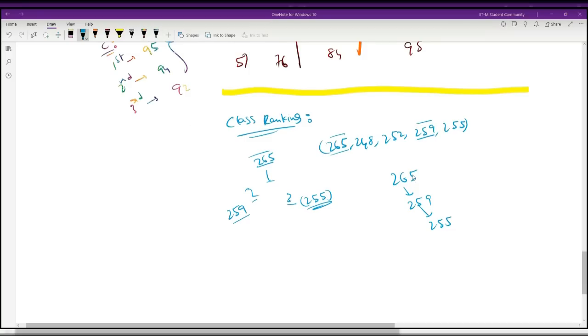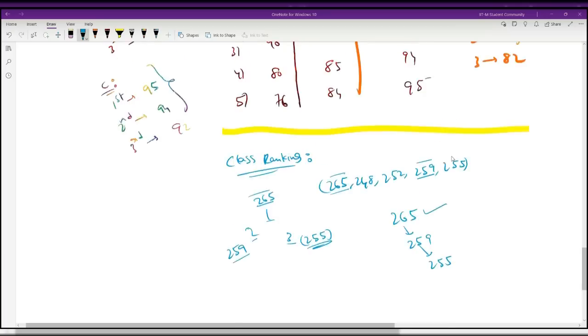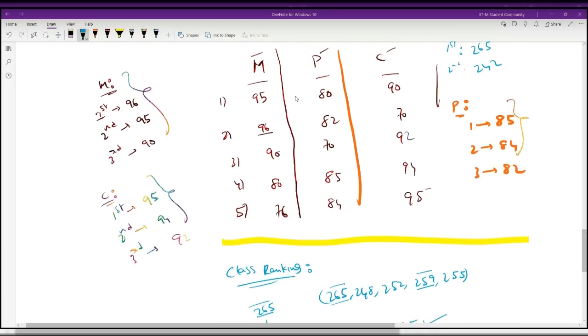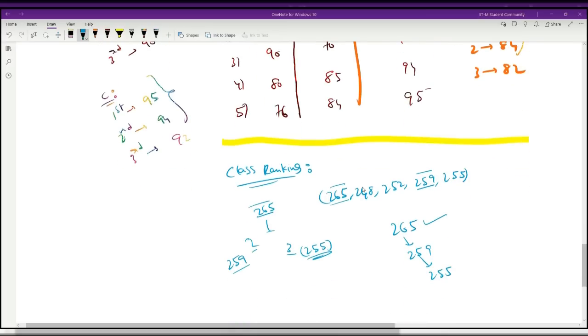It is a common misinterpretation done by most of us that we might think he is the top scorer in each and every subject. Is that true? 95, 80 and 90, and we see that he is not even the highest scorer in at least one subject. He did not score the highest in even one subject, but rather he is the overall top scorer.